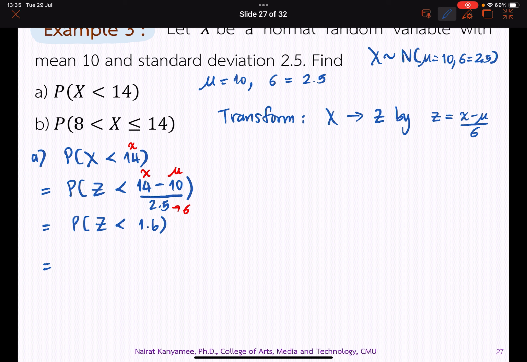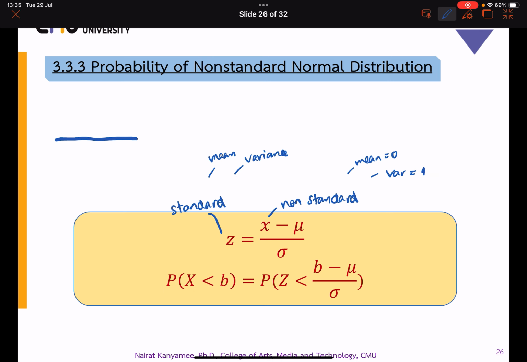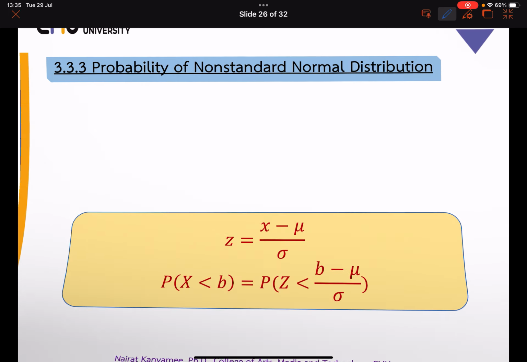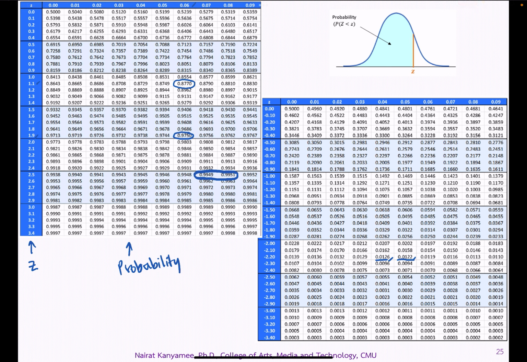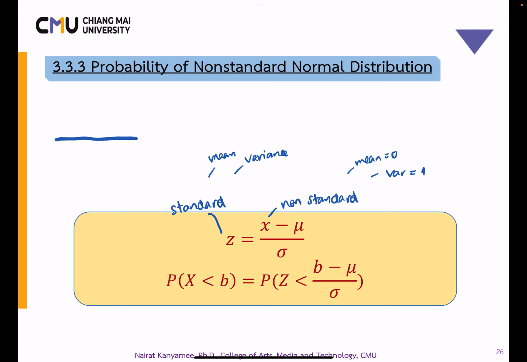So look in the table. From the table, check 1.6. It is around here, 1.60, 0.9452, right? 0.9452.